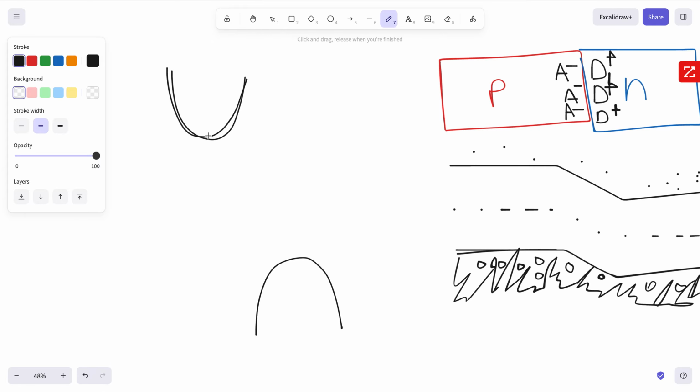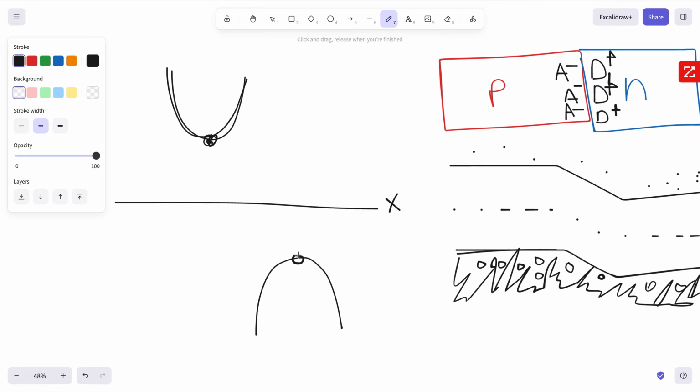We are only concerned with the very edge of it. And so in looking at an energy diagram like this, you can see that in this example, which is an indirect semiconductor, this is mapping location X.